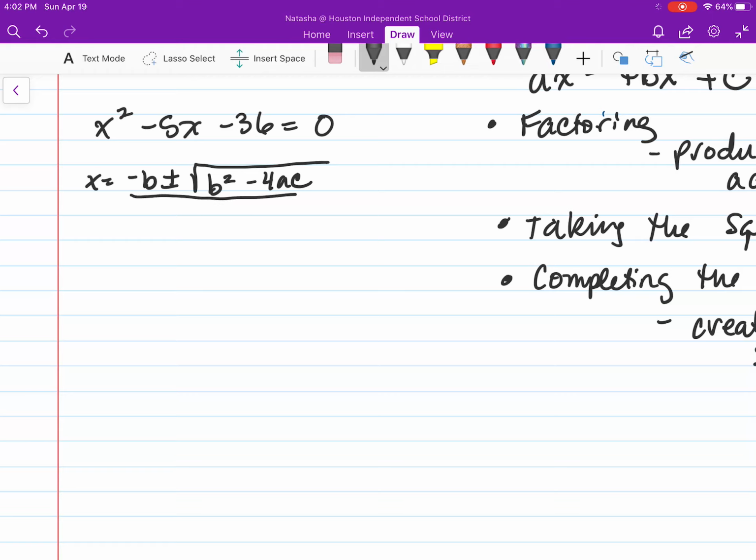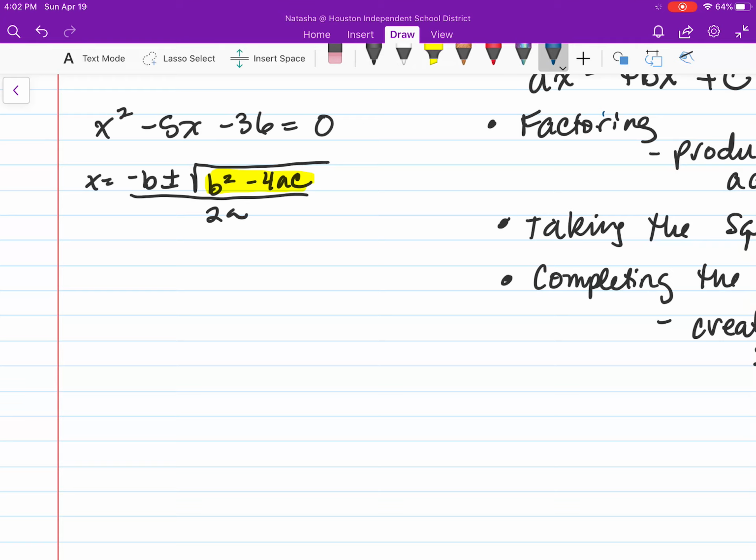So the quadratic formula is x is equal to negative b plus or minus the square root of b squared minus 4ac all over 2a. Now, going back to some of the discussions that we've talked about, this expression in the radicand is our discriminant.